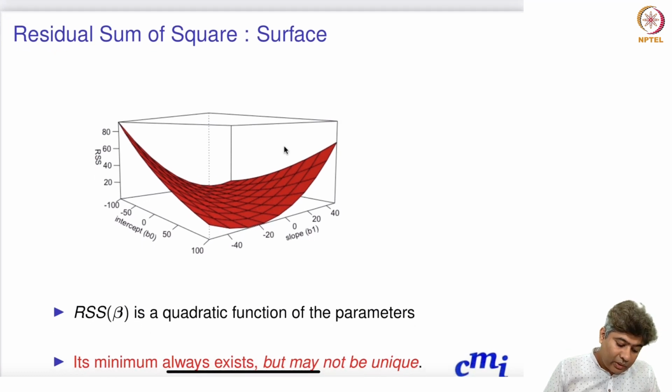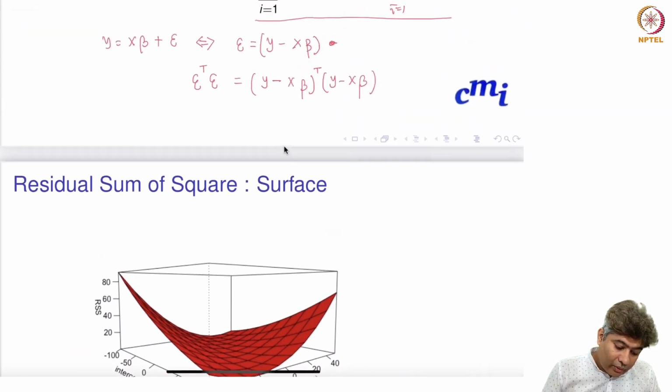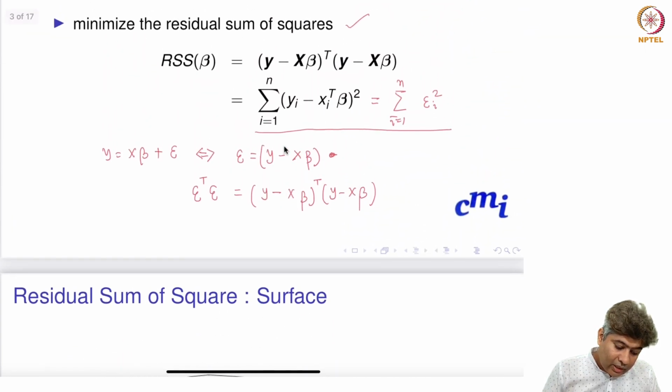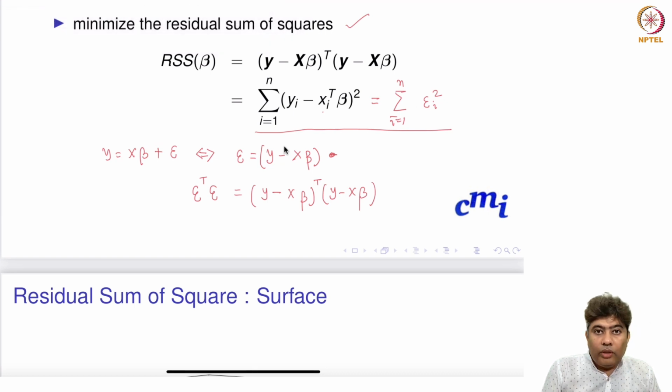Now, how does the sum of squares of errors behave? My yi's and xi's are known to me. They come from the data, nothing to change; effectively they behave like constants. The only unknown is beta.